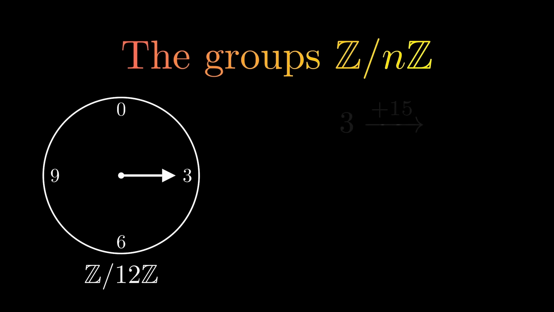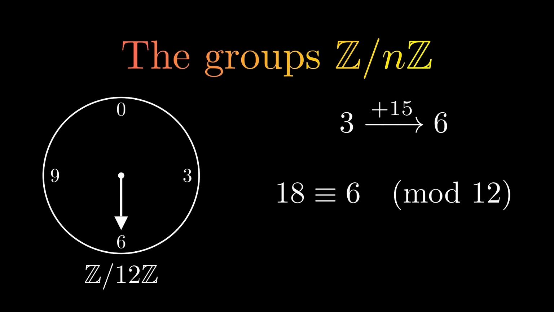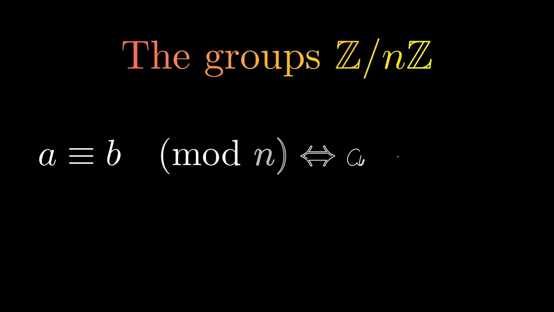Adding 15 hours to 3 o'clock results in 6 o'clock. We express this as 18 being congruent to 6 modulo 12. The quotient group of integers modulo 12 captures the cyclic behavior. More generally, two integers are equivalent modulo n if the difference is a multiple of n.